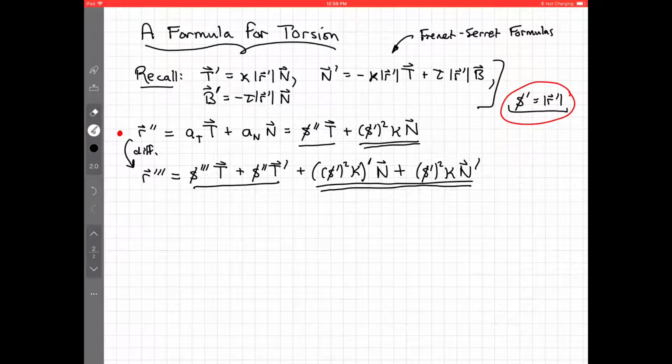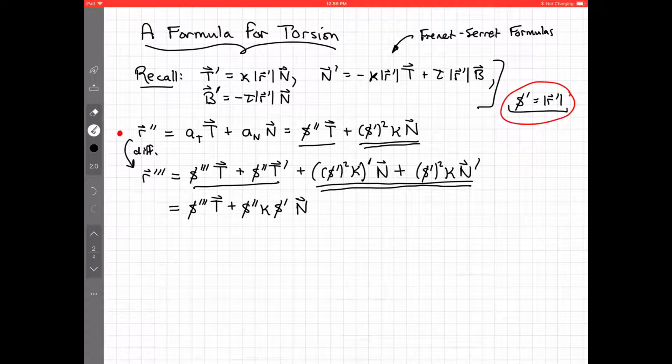We'll underline to see where those correspond. All right, now let's use our Frenet-Serret formulas. So we have s triple prime t, and we know that the derivative of t is going to give us s double prime times kappa times the length of r prime, which I'm going to write as s prime here, times n.